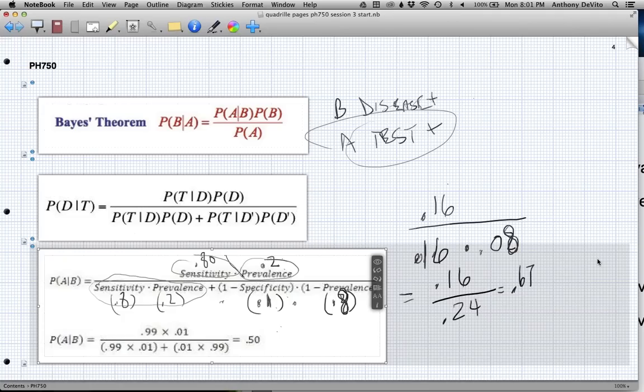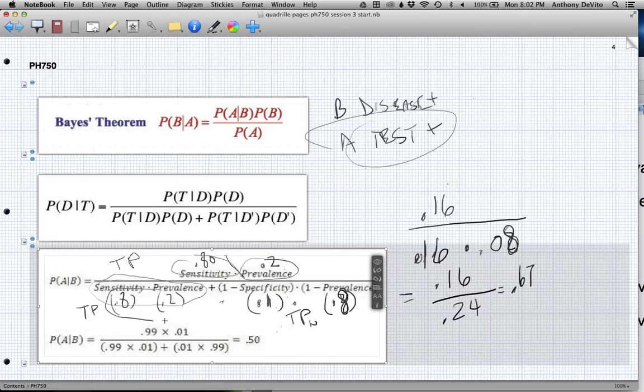Why 1 minus the prevalence? There's a good question. It was 1 minus the prevalence because of that second part after the plus, the two parts of that plus down there in the denominator. This is really the number of people that tested positive over the number of people that tested positive that had the disease, plus the number of people that tested positive that didn't have the disease, that were really negative.